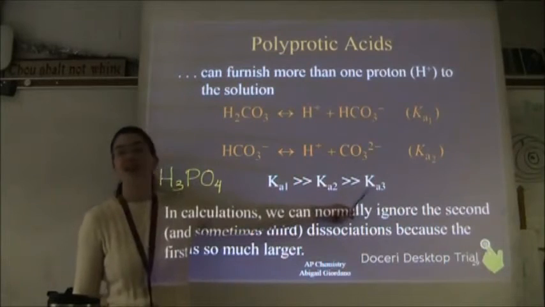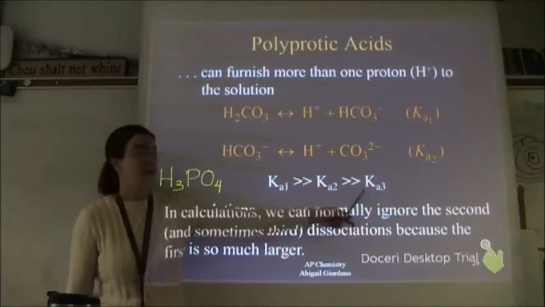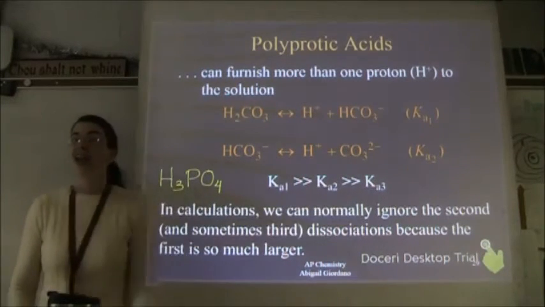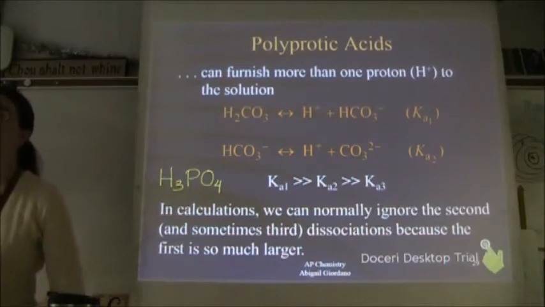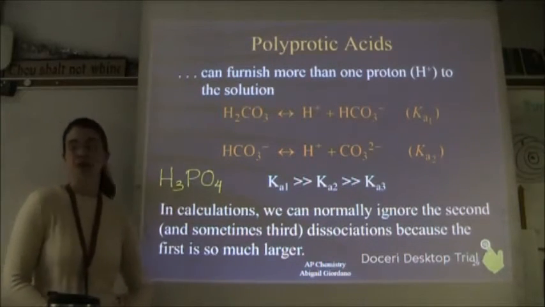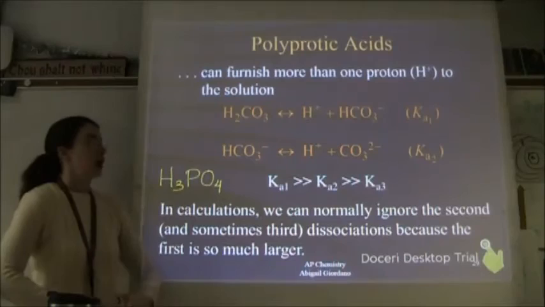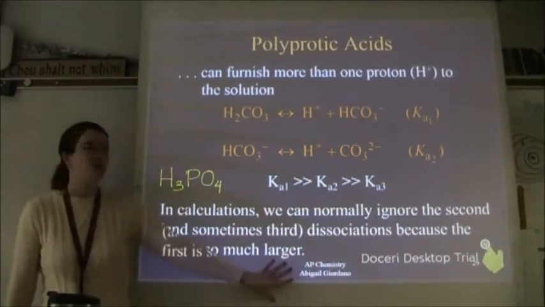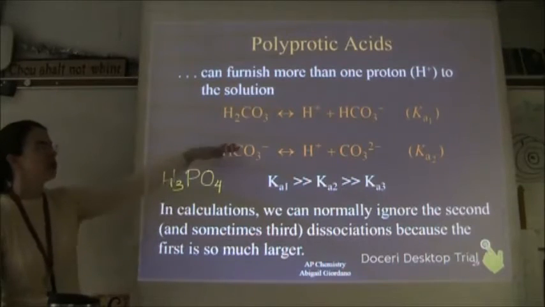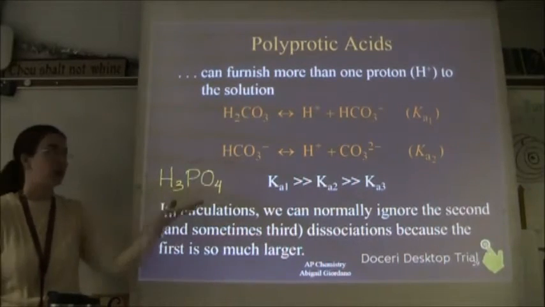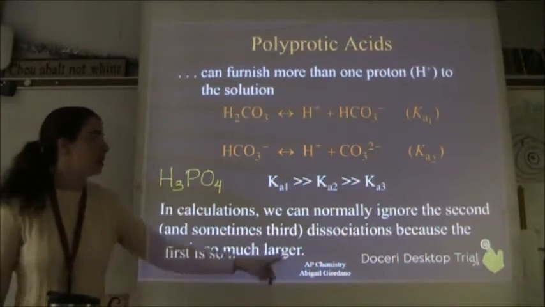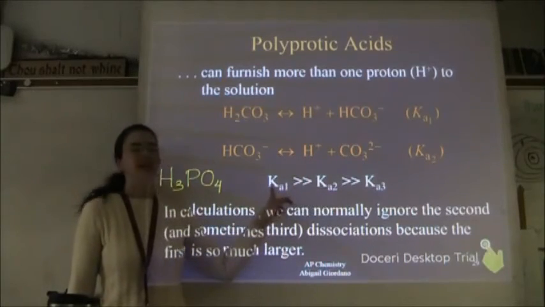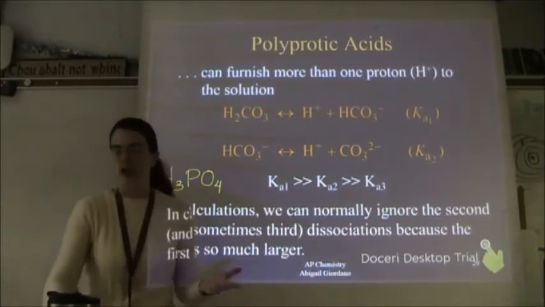And if there is a third dissociation, that third Ka value is going to be very, very, very small. Okay, now let me explain why it is that, calculation-wise, we really don't have to worry about this second or possible third dissociation. Think about what these Ka values represent.